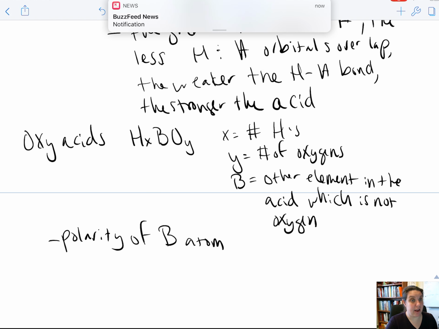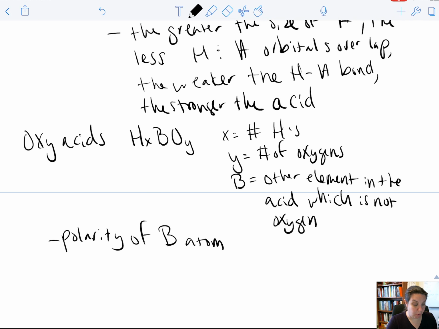So, as our B atom becomes more polar, we're going to decrease the strength of the oxygen-hydrogen bond, and we're going to increase the strength of the acid.